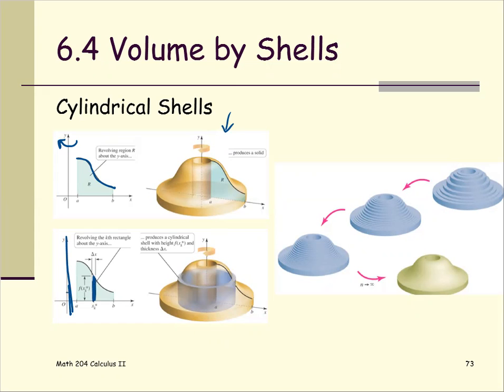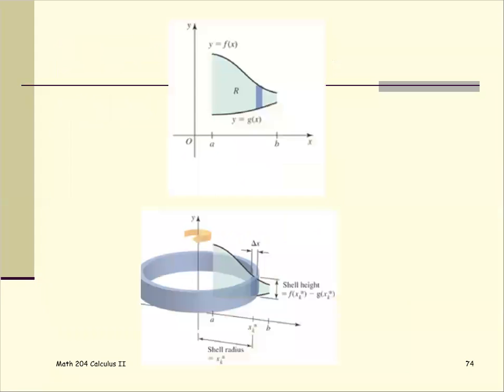Then when you perform the rotation, the parallel slice acts like it's wrapping around the axis of revolution. Once you see one piece that wraps around, you take this piece out, we call it one shell. If you take one shell out, it will be the piece that you're going to work on finding the volume.